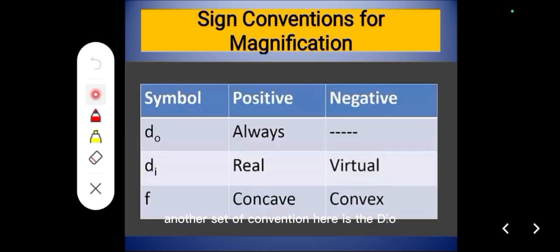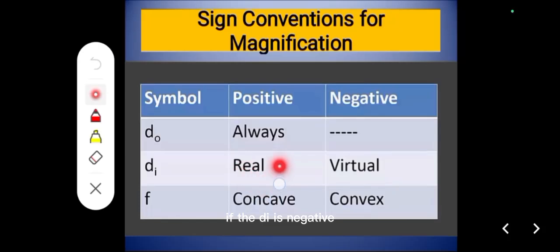Another set of conventions here is the do. The distance of the object is always positive, because the object is always facing in front of the mirror, so that side is always positive. The distance of the image is positive if it's a real image.